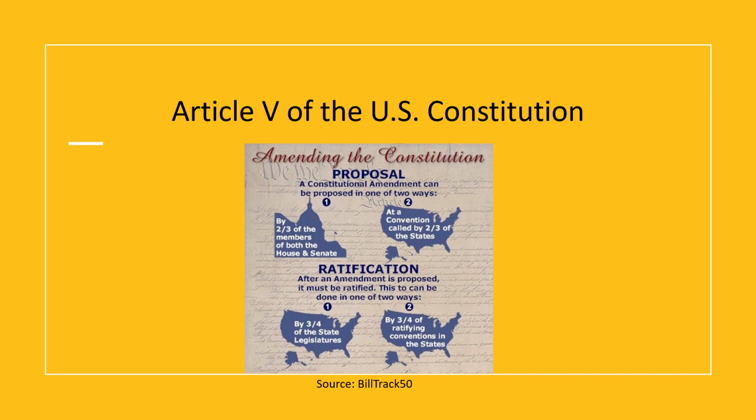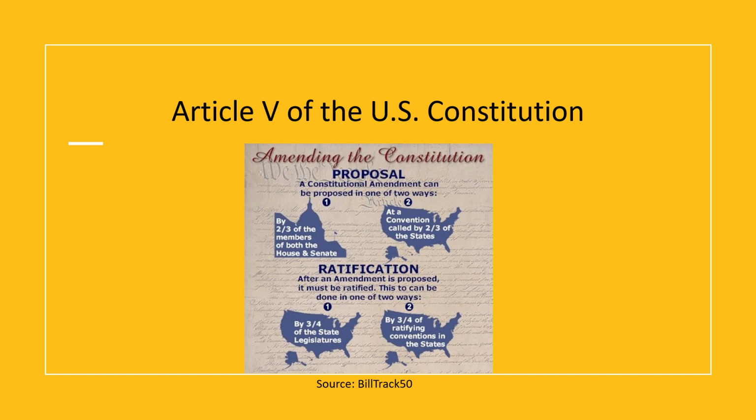And our discussion will be focusing on what's included in Article 5 of the U.S. Constitution, as well as what's not included in Article 5 of the U.S. Constitution, which is important because there are many people who have beliefs or opinions about what's included in Article 5 of the U.S. Constitution, but they haven't read it as carefully as you and I will throughout this presentation.